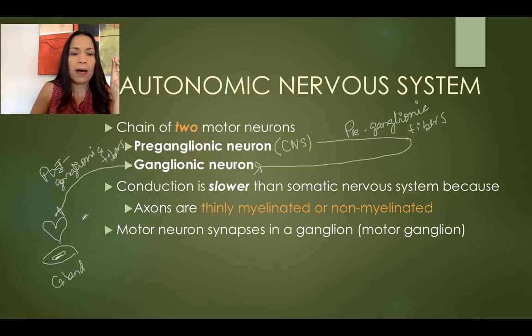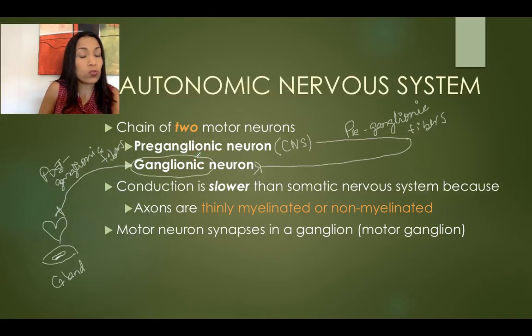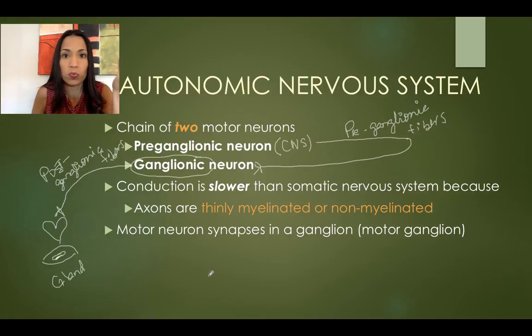Okay? So it's a system of two neurons. We said that the preganglionic fibers are thinly myelinated, and the postganglionic fibers are non-myelinated. So the conduction in here is very slow. And please remember that these ganglia are totally different from the dorsal root ganglia.